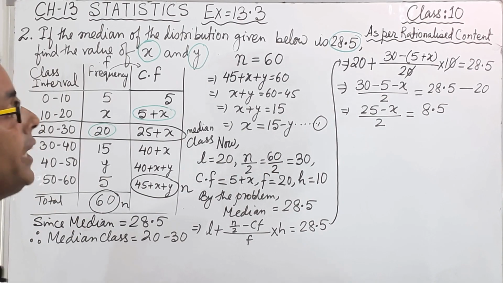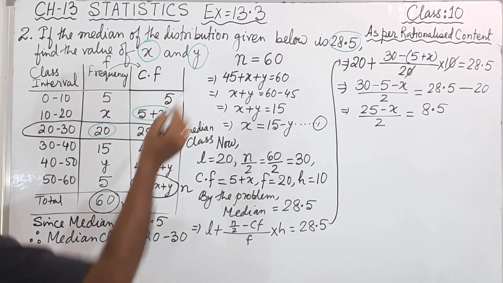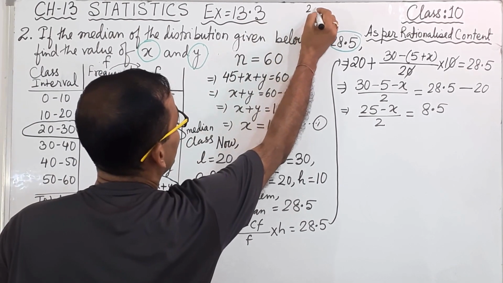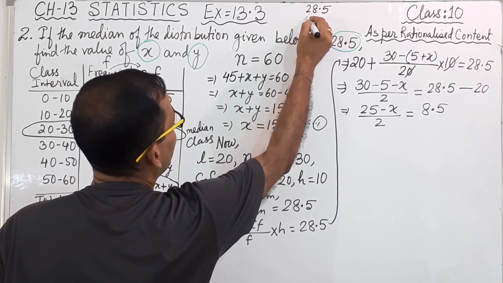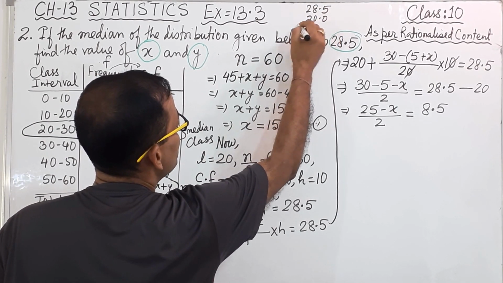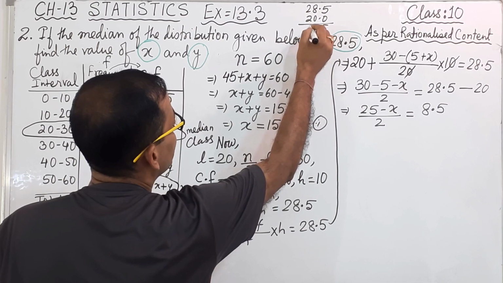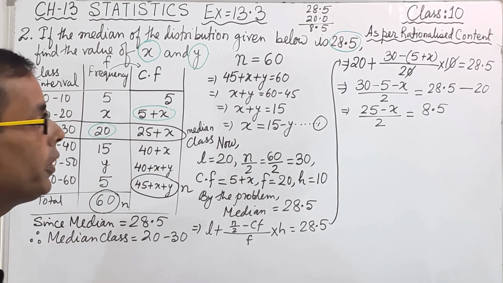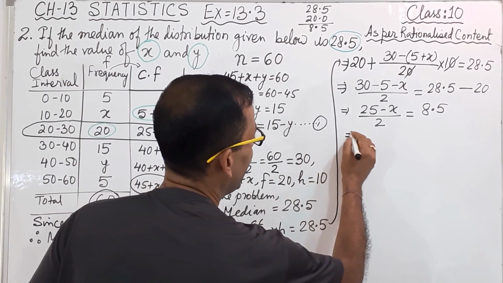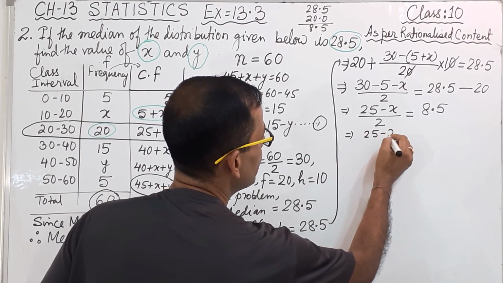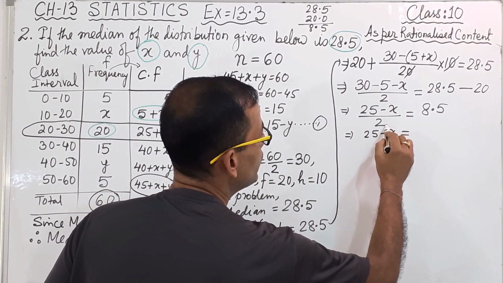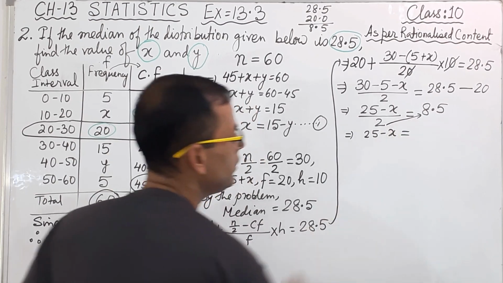So how did you get 8.5? If you see nicely, 28.5 and this is 20, means 20.0. So 5 and this is coming 8. So 8.5. Now after that, 25 minus x equal to, now this one will multiply with this one. Clear now?